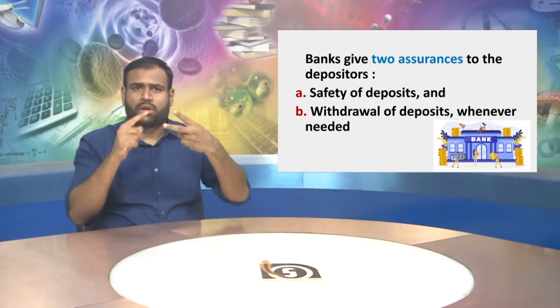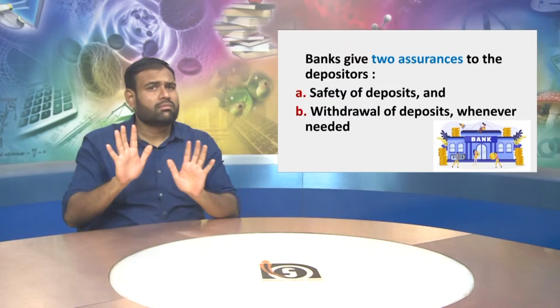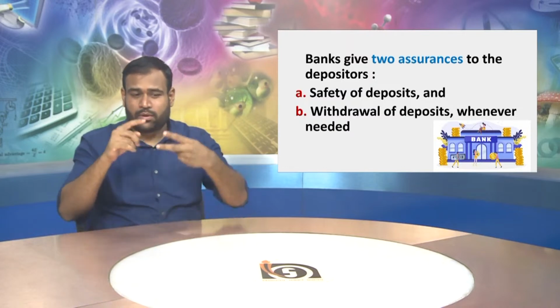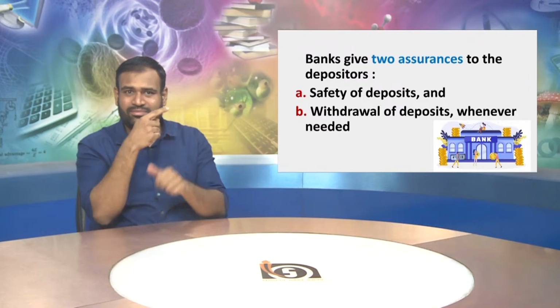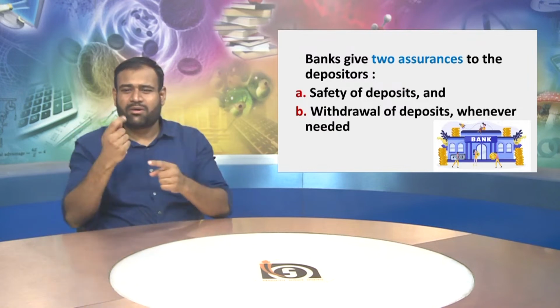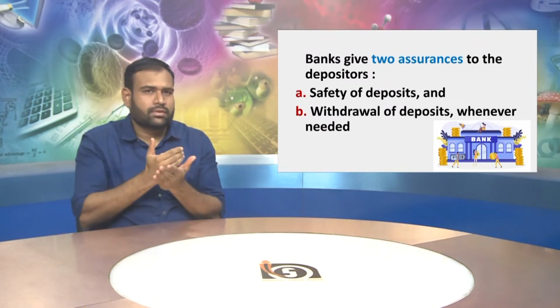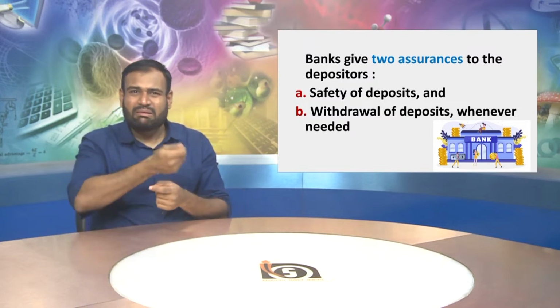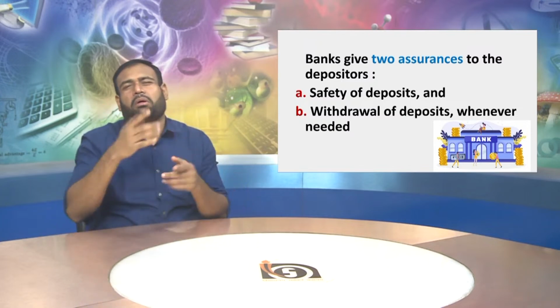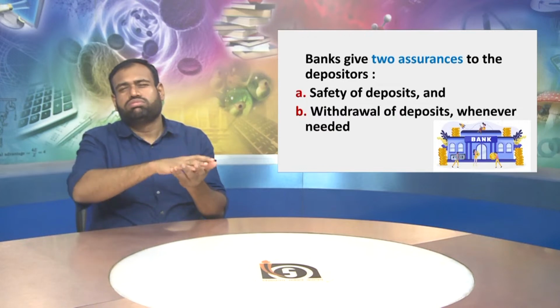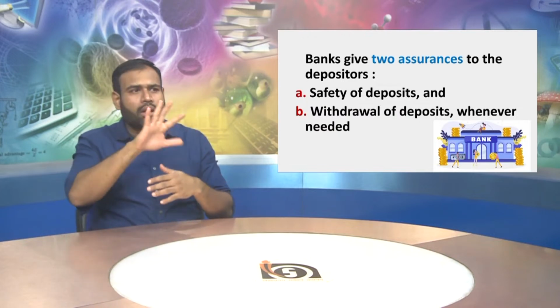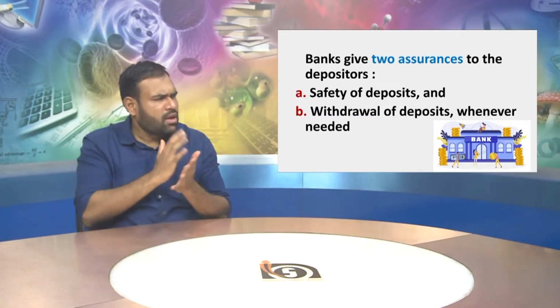Banks generally give two assurances to the depositors. You can see their name A and B. The name A explains that it is a safety of deposits. Whatever amount I am depositing, that is safe.